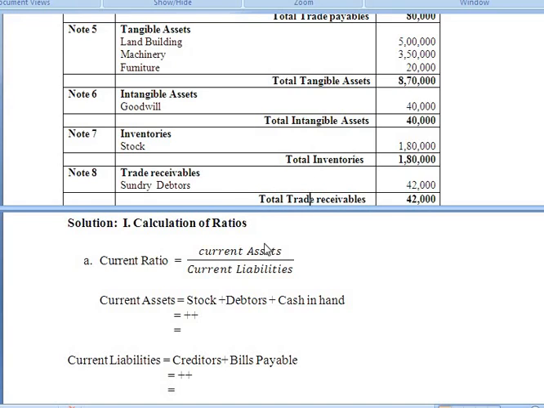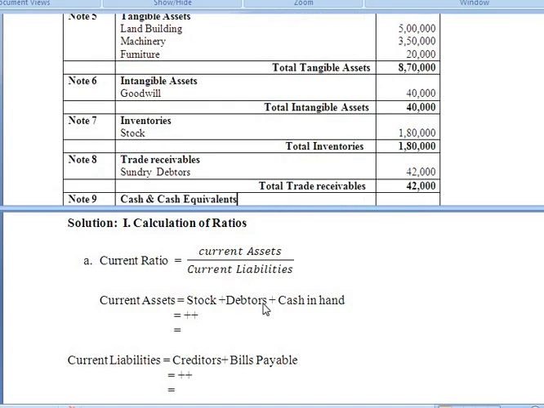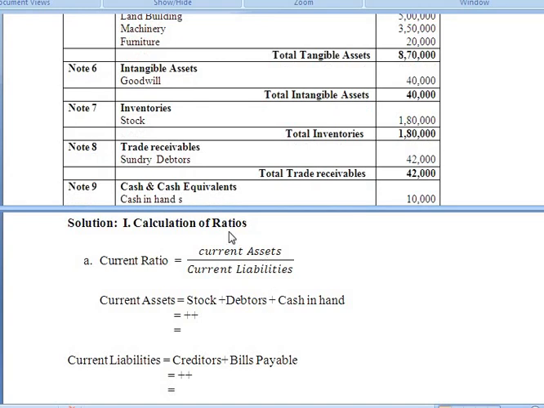In inventories we have stock, so we have written here stock. Trade receivables include sundry debtors, so we have taken sundry debtors. And in cash and cash equivalents, we have cash in hand.